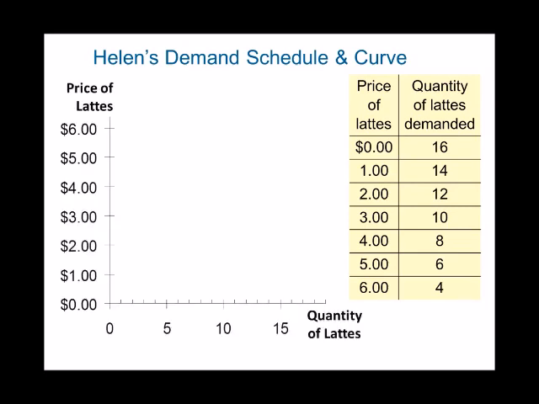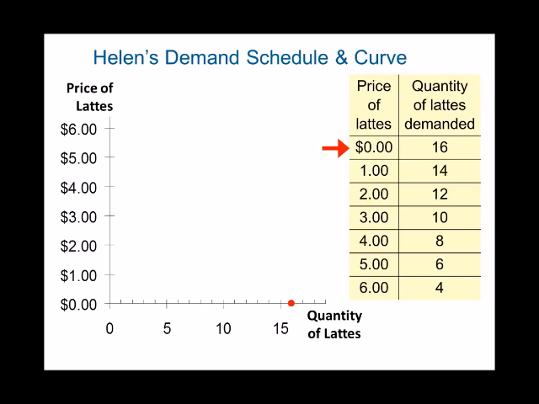Now, looking at a table like that is okay, but it's easier for us to see it in a graph. So if we plot this graph, we look at the first point. When quantity demanded is 16, the price is 0. In this graph, the price is always going to be on the vertical axis, and the quantity is always going to be on the horizontal axis.